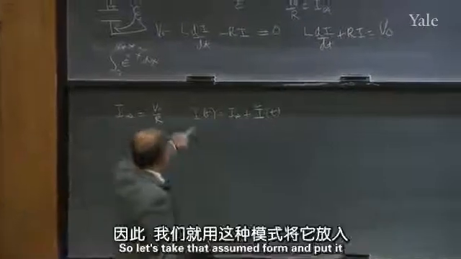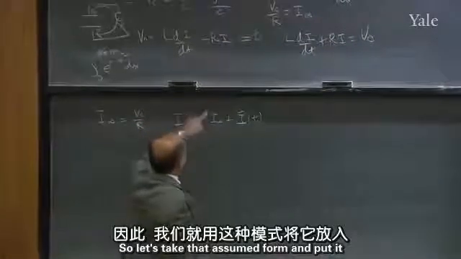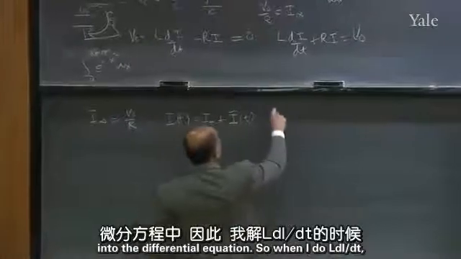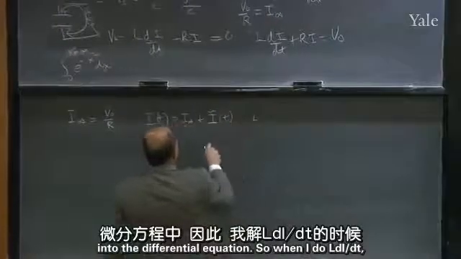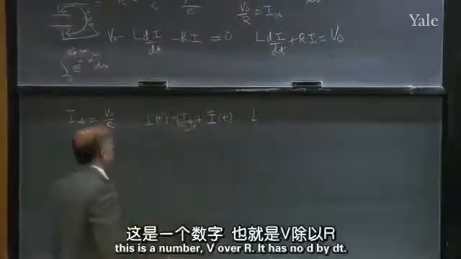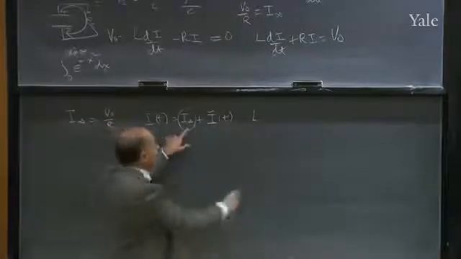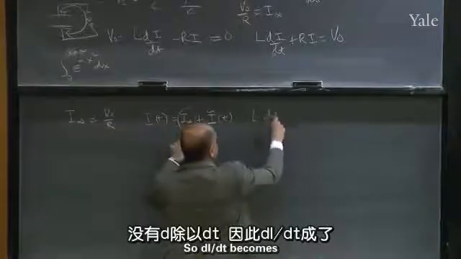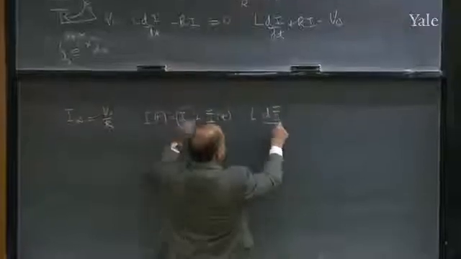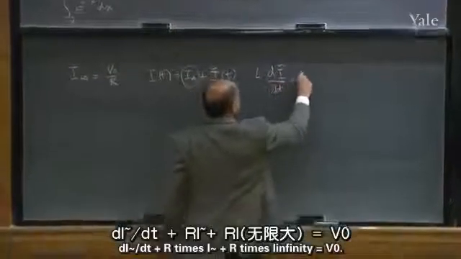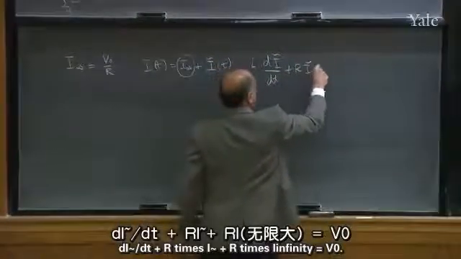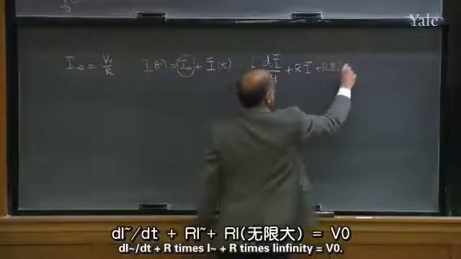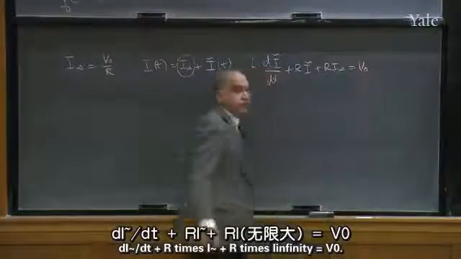So let's take that assumed form and put it into the differential equation. So when I do L dI/dt, this is a number, V0 over R. It has no d/dt. So it becomes L d I twiddle/dt plus R times I twiddle plus R times I infinity equals V0.